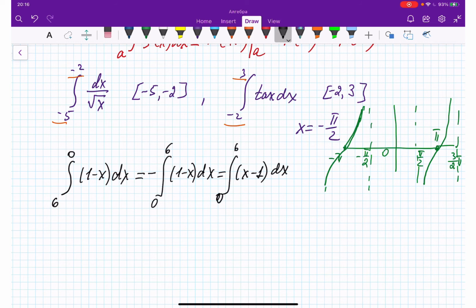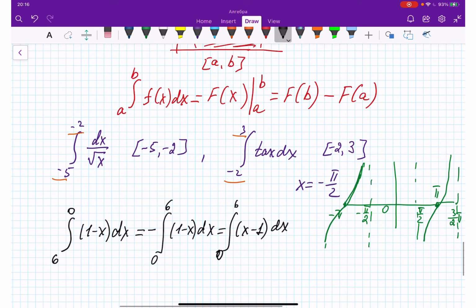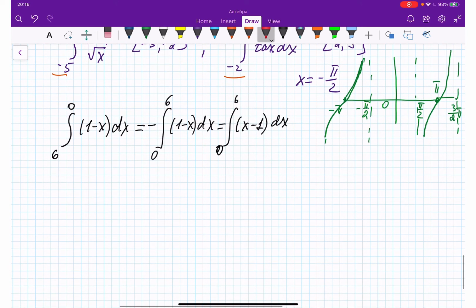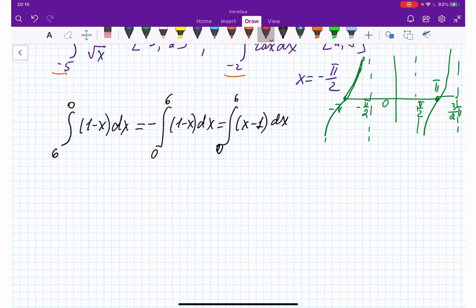So we can do such manipulation. And from here I can write the property, if you wish: the integral from a to b of f of x dx is equal to negative the integral from b to a of f of x dx.